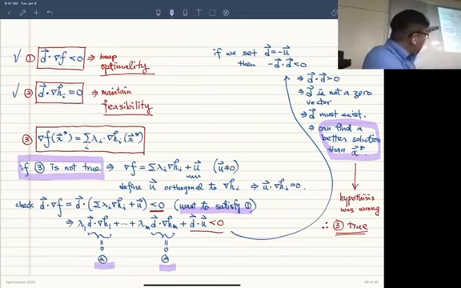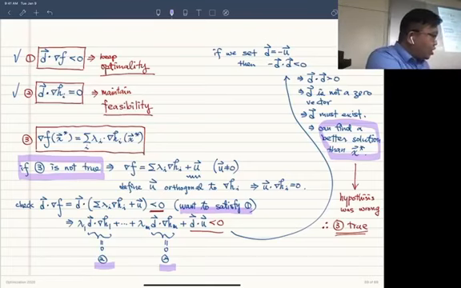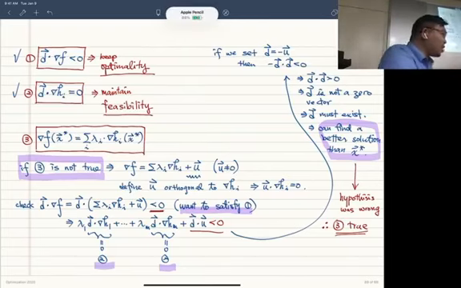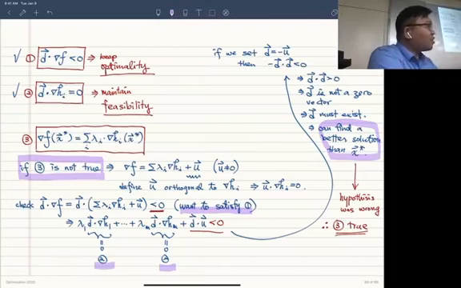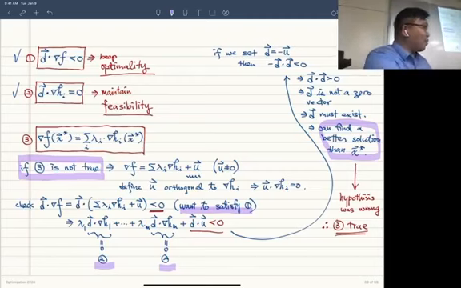So the proof at the bottom already assumes 1 and 2 are true. Okay, and then we use what we had earlier in order to prove equation 3. So equation 3 now becomes a very important property for optimization because that is something you can check if your point is optimal.